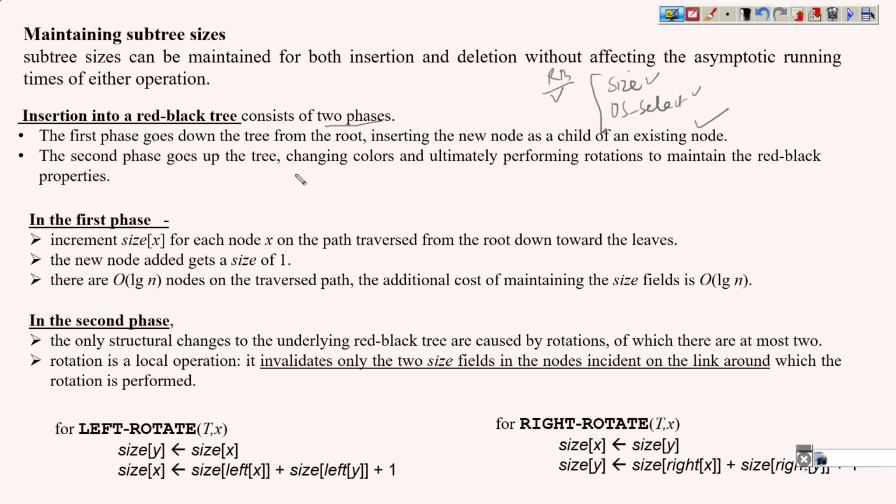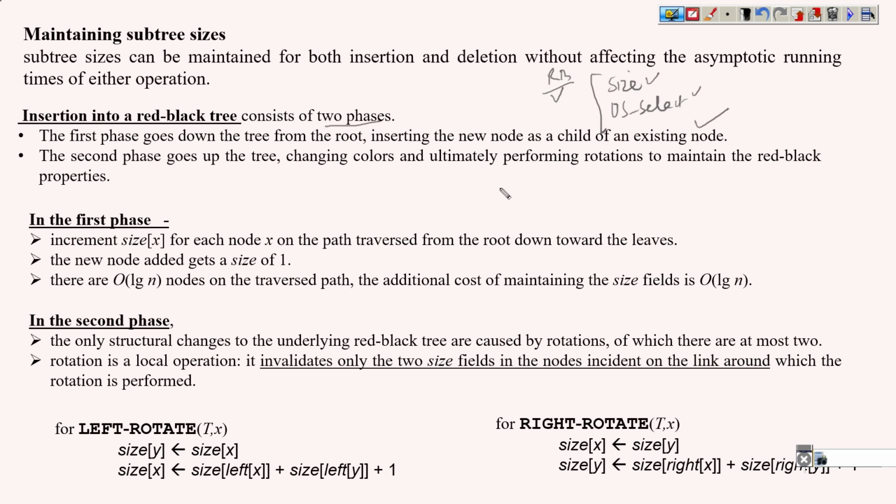The second phase goes up the tree, changing the colors. If you remember how we do the red-black tree insertion, the very first thing is to add a node as a leaf node, keeping its color red, and then we check whether the red-black tree properties are still maintained. We check the properties: the root node must be black, a red node must have black children, and the black height property must be maintained.